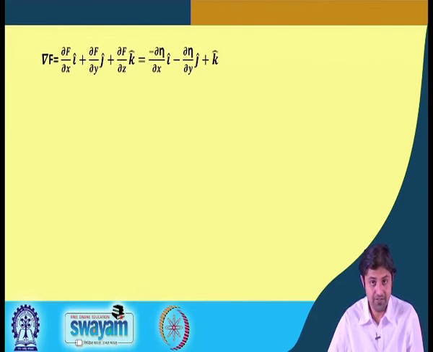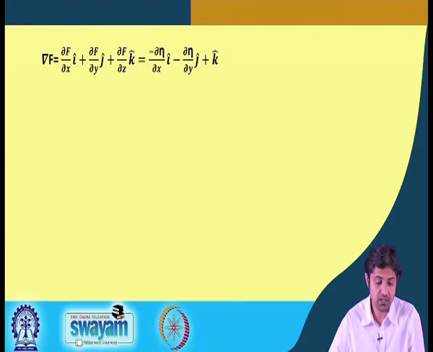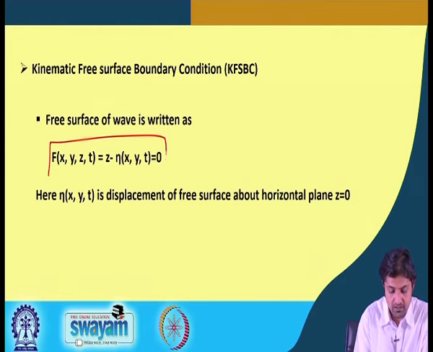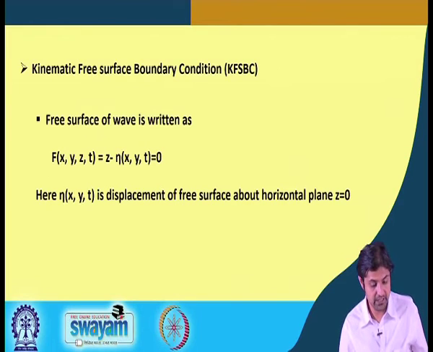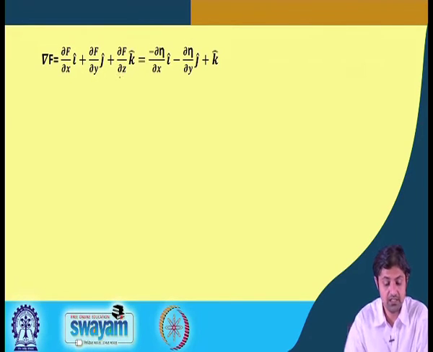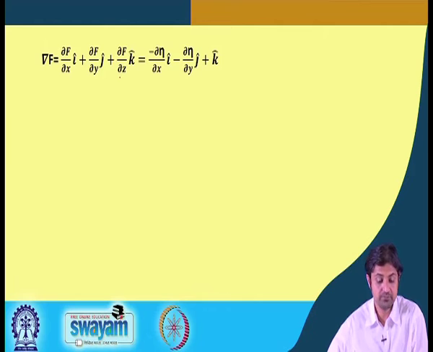So, we are going to apply the same conditions, the kinematic boundary conditions. We start calculating delta f because we already have an equation f here. So, first step is always calculating delta f. So, delta f is going to be delta f delta x i cap plus delta f delta y j cap plus delta f delta z k cap.